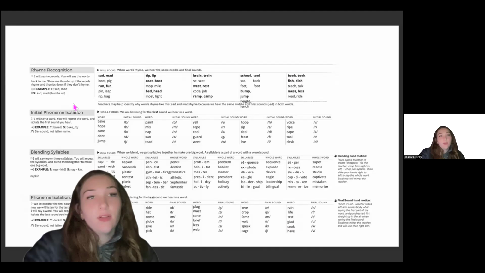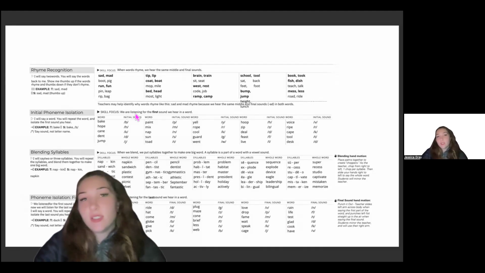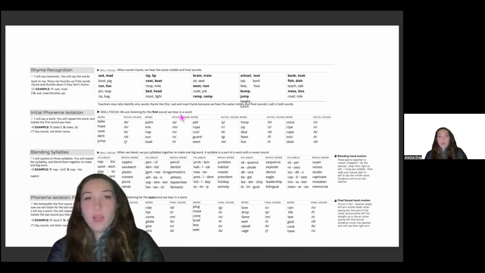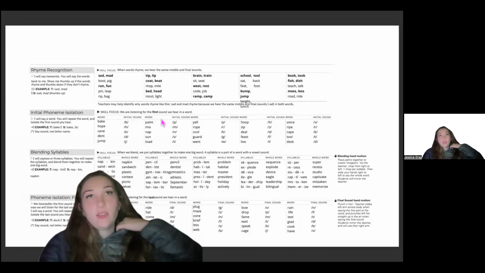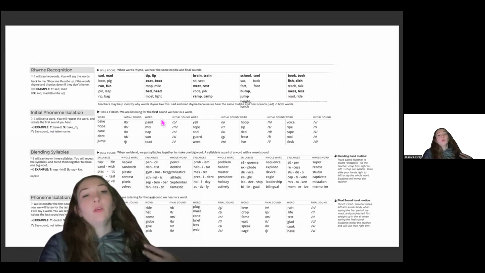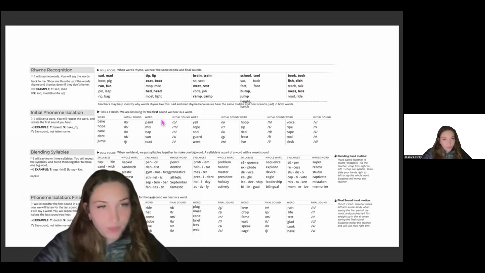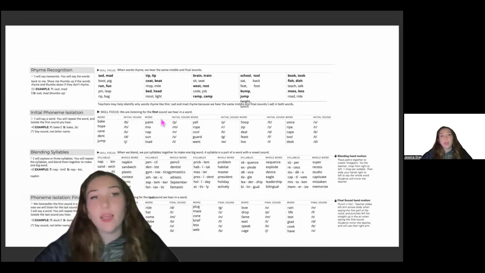So this is another good one. We are listening for the first sound we hear in a word. This allows students that struggle with letter sounds at the beginnings of words, so you don't want to say the letter name, but you want to say the sound.